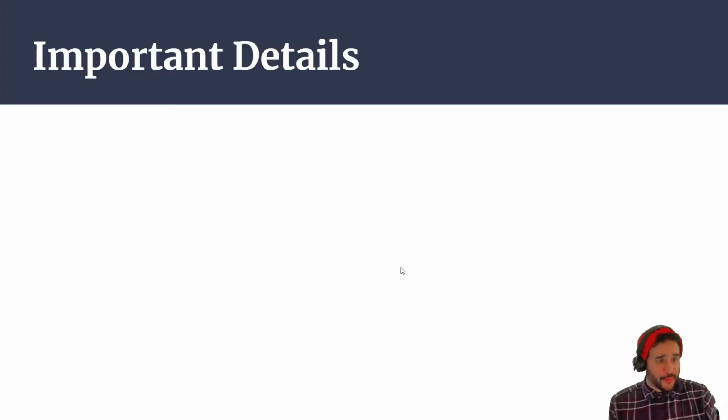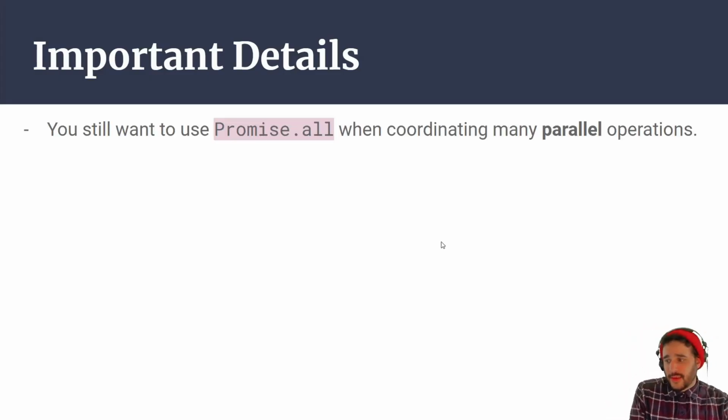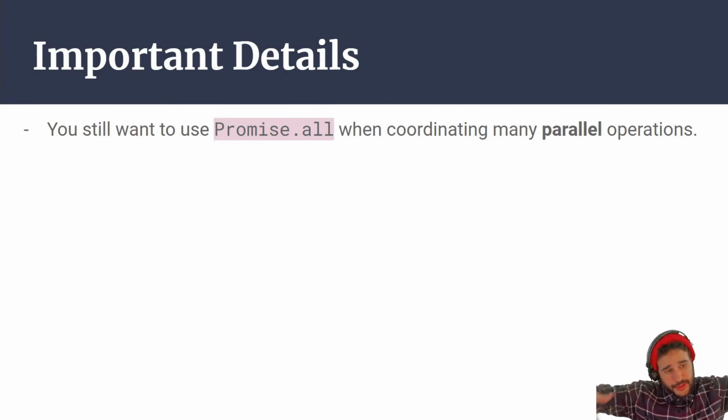So some final important details to understand about these things. Most of the time you still want to use Promise.all when you're coordinating parallel operations. This is really important to understand. You might think that for await of replaces or would be a parallel strategy for combining operations that are all happening at once. It's not.